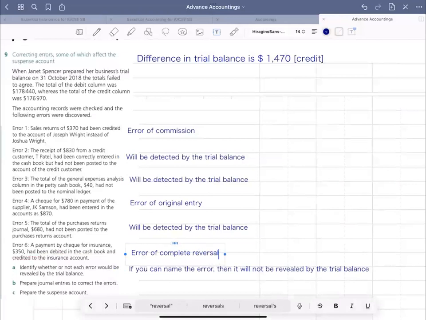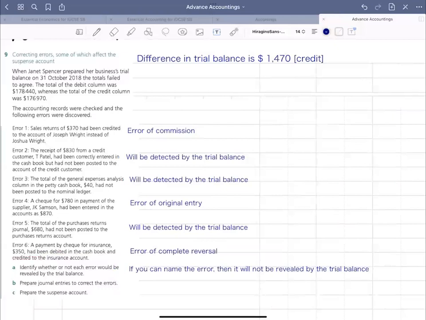Error of complete reversal is whereby the numbers are correct, but we just put it on the wrong side of the accounts. Here it is supposed to be credit cash book because it's a payment for insurance, and debit insurance. So one side we wrote wrongly, the other side we also wrote wrongly. So this will not be detected by the trial balance.